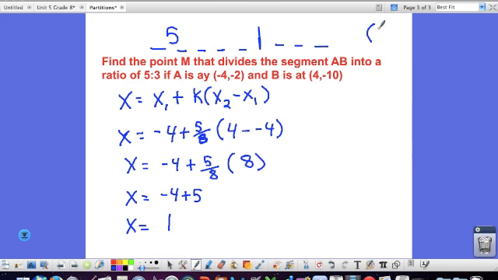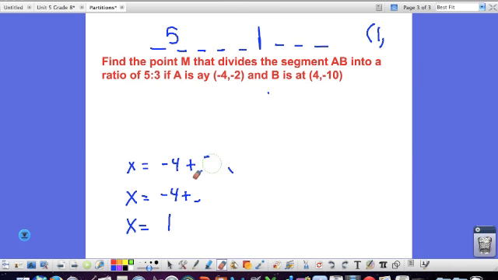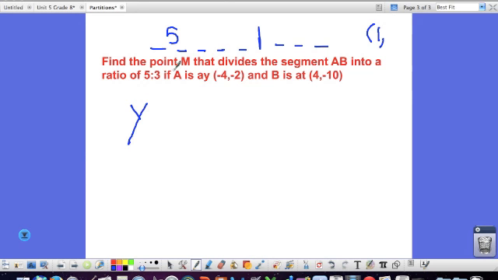I'm going to put that over here so I remember. Now I'm going to use this same formula, but instead of x, I'm going to solve for y. Once again, I'm finding the y coordinate of this point M. So I'm starting at -2 plus 5/8 of y2 minus y1.